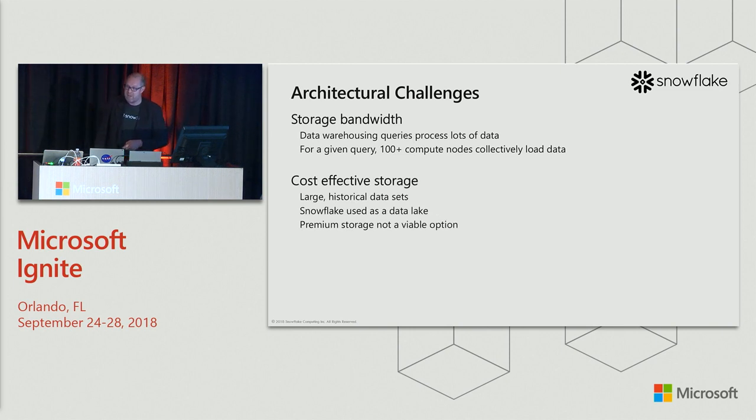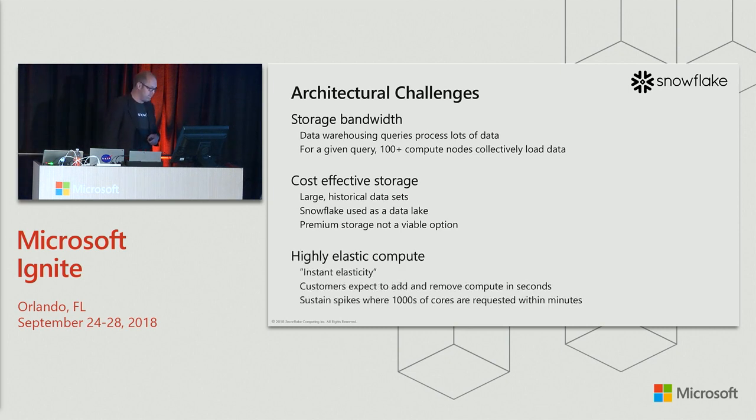We also, at the same time, want our storage to be cost-effective. So an intuitive approach might have been to just use premium storage, but a lot of our customers are actually using Snowflake as a data lake as well. And as is typical with data lakes, you have a lot of historical data that is very rarely accessed and is not as performance critical. So premium storage would not have been a cost-effective solution for those customers.